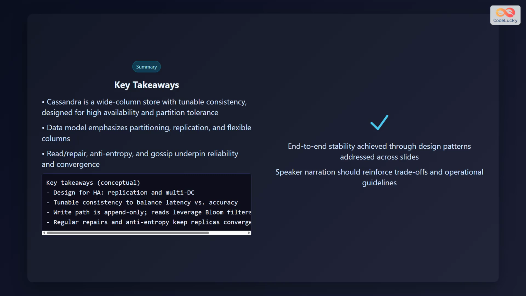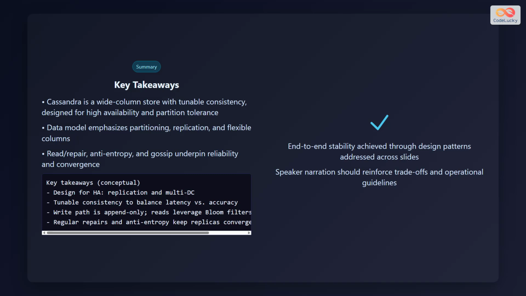Cassandra is a wide-column distributed database with tunable consistency, designed for high availability and fault tolerance. Its data model emphasizes flexible partitioning and replication across multiple nodes. The write path uses append-only logs and immutable files for reliability. The read path leverages Bloom filters and repair mechanisms for efficiency.